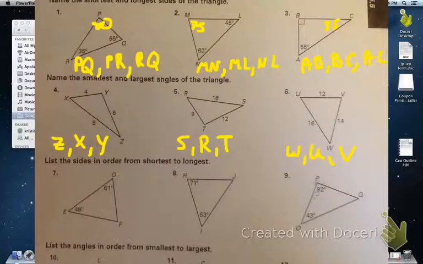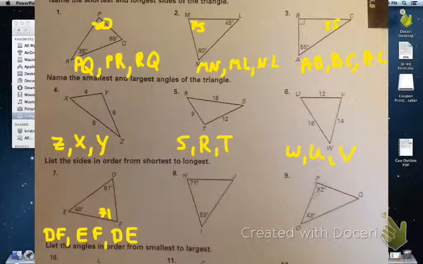For number 7, once again, you need to solve for that third angle. So angle F is 71, which means the order of the sides: the smallest side is DF, followed by EF, and the largest side is DE.